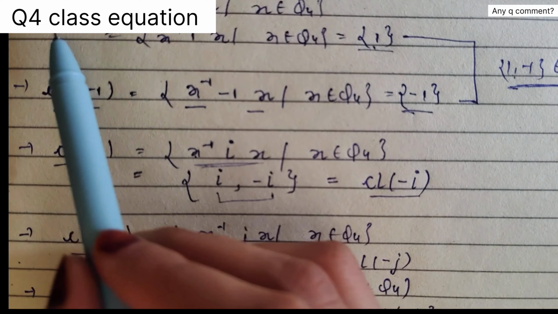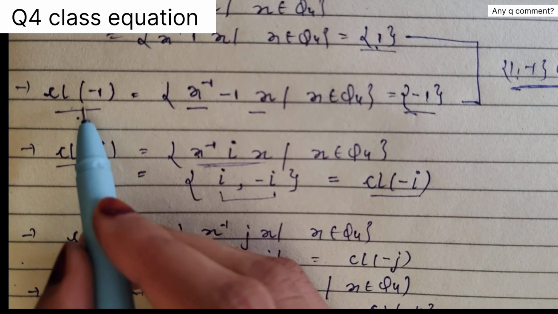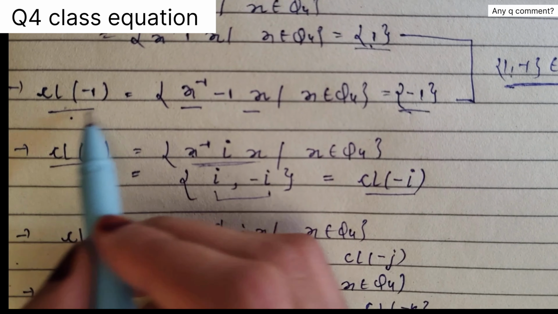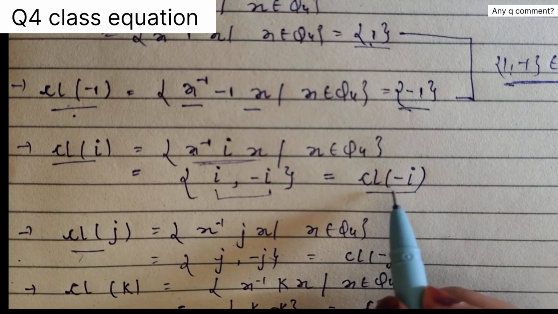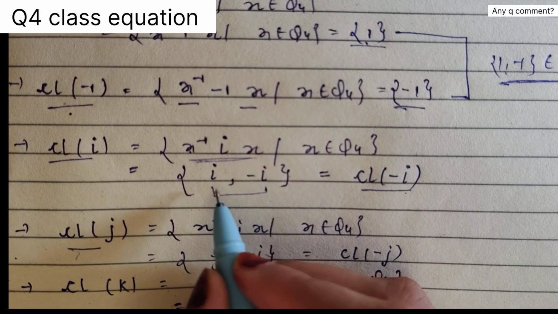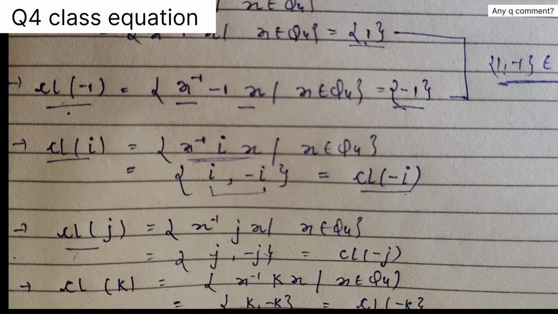Class of 1 equals 1, so the order of class of 1 is 1, plus class of minus 1 equals minus 1, so the order of class of minus 1 is 1. Then class of i and minus i is i and minus i, which gives 2.